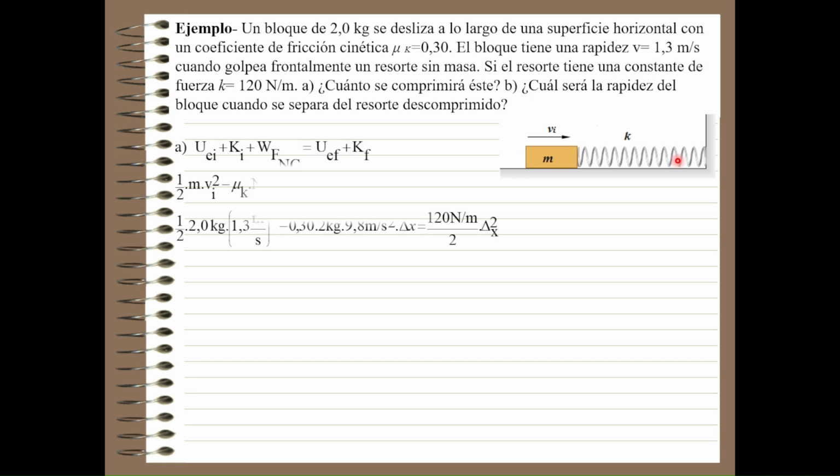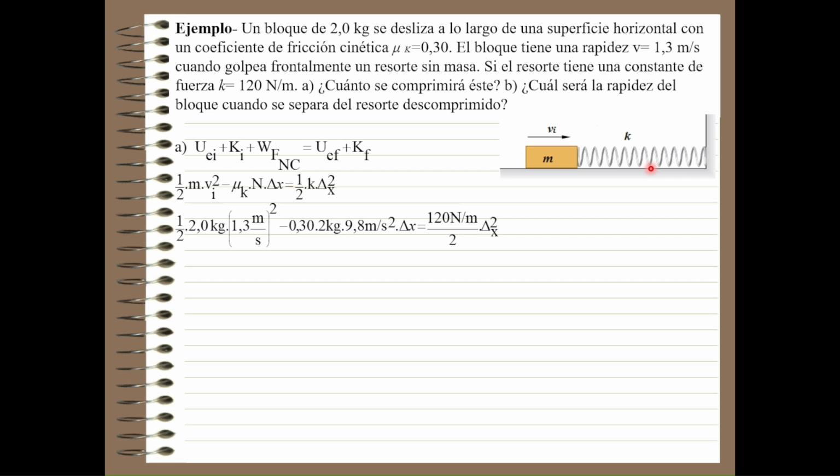Now, comparing the energies. In the initial situation, the elastic potential energy is zero, but the kinetic energy is not. It is the kinetic energy the block has as it comes in, that is, half the mass of the block times its initial velocity squared.